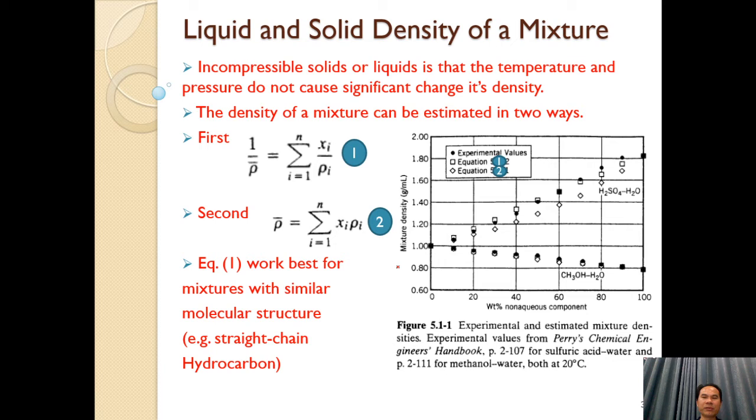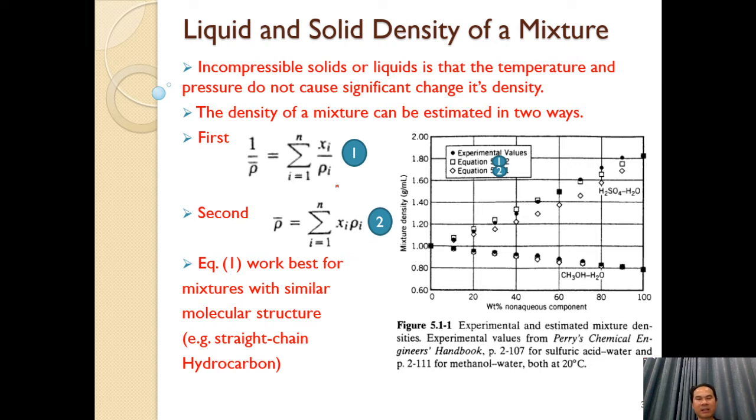We have at least two formulas. The first calculates the average density, rho bar: 1 divided by the average density equals the summation of xi divided by rho i. Xi is the mass fraction of component i, and rho i is the density of the component.